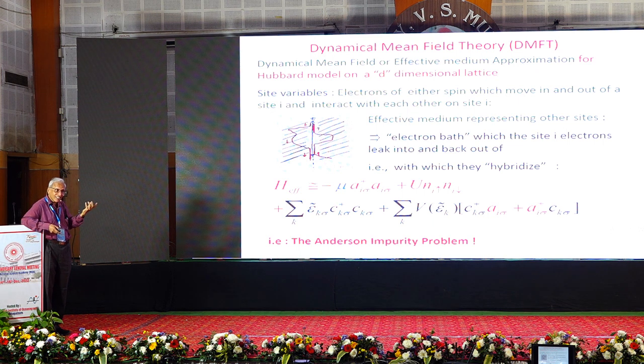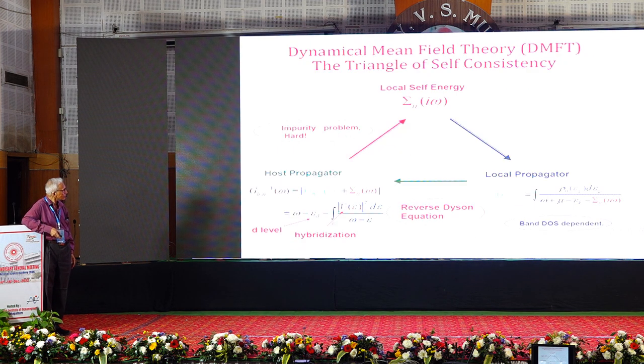So this is exactly the Anderson impurity problem, except that this is any typical site of the system, so you have to make sure that the whole thing is self-consistent. I will not go into the technical details, but there's a way of doing this. Imagine you had the self-energy, which is how the local energy of the impurity site gets changed due to U, and because it hybridizes with the conduction band.